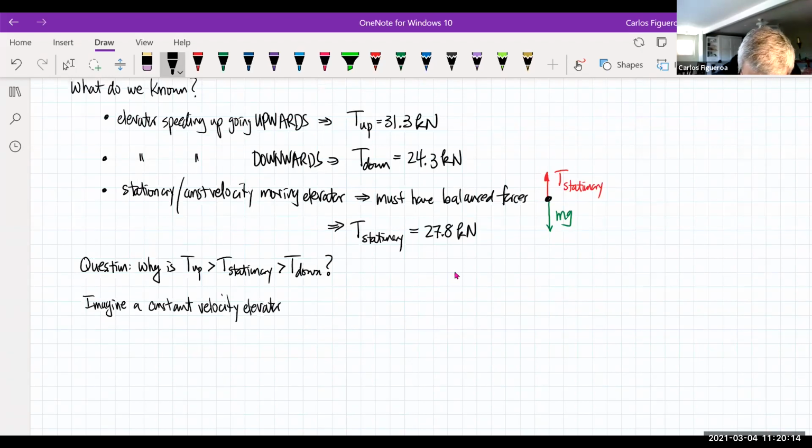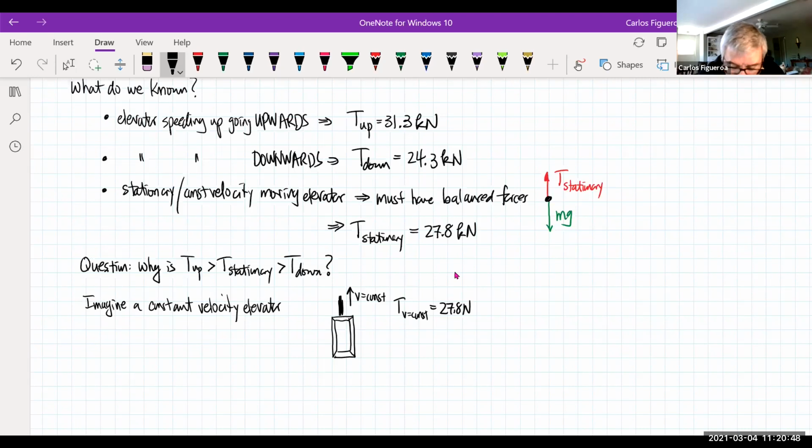So I'm thinking about this elevator, and all we know is that this guy is now moving at v equal to a constant. That means the tension in this case, where the velocity is constant, must be 27.8 kilonewtons.